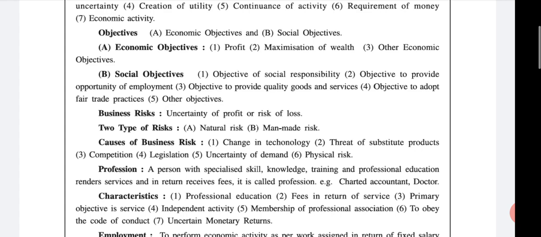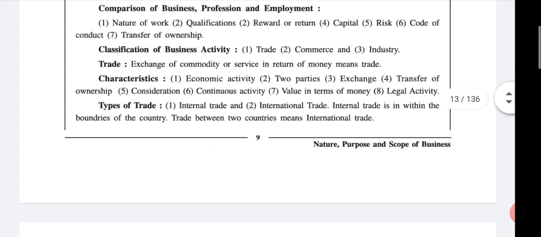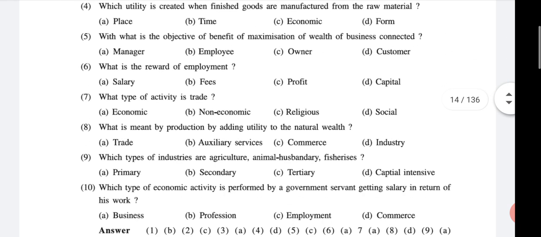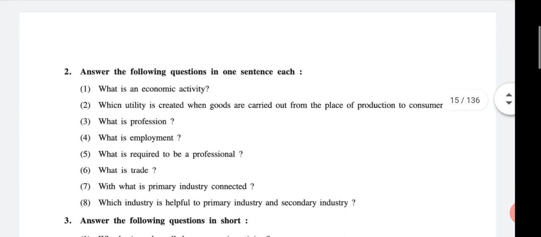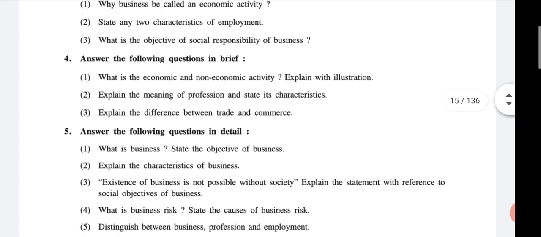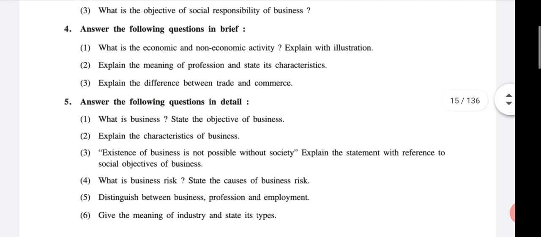Before that, I tell you today's homework. Today's homework is in your fair note. First, you start the exercise: MCQ, then one sentence, then short answers, then brief answers, and detailed answers.